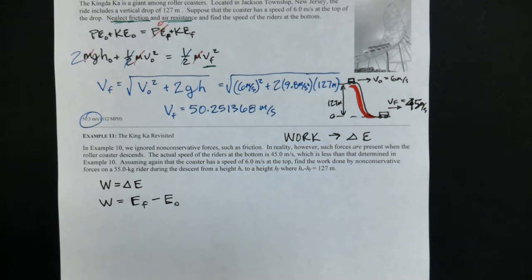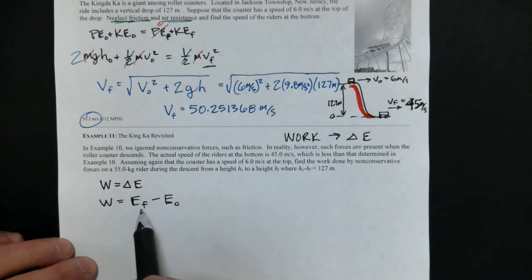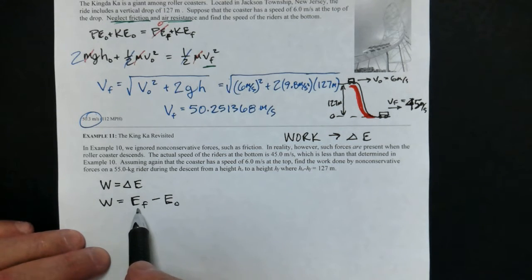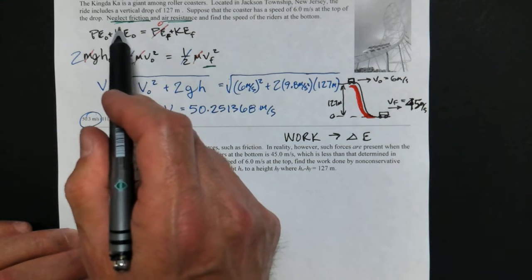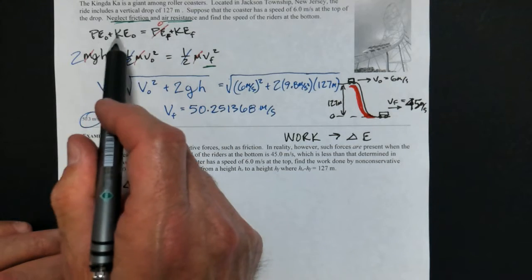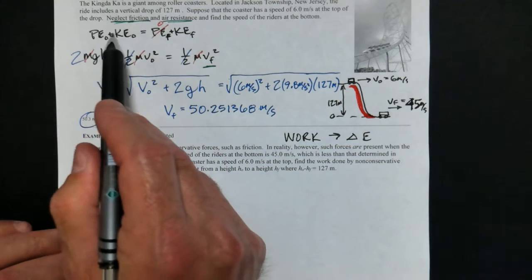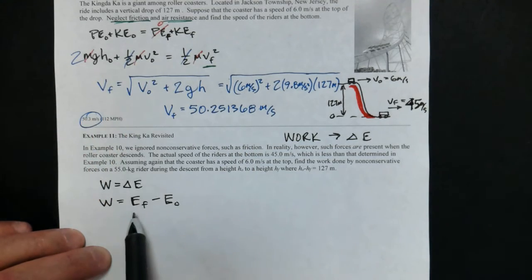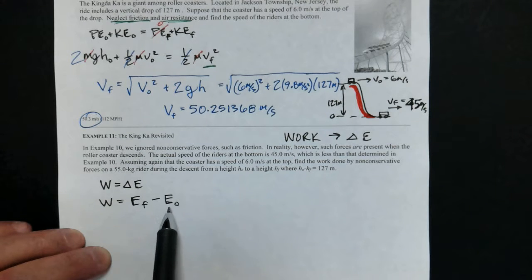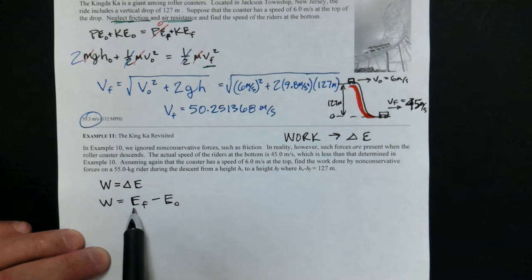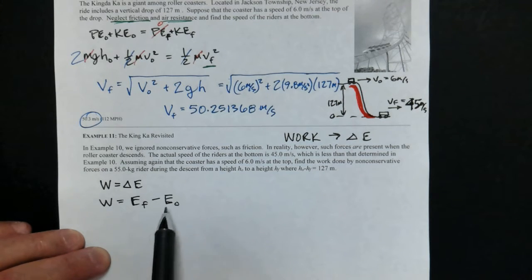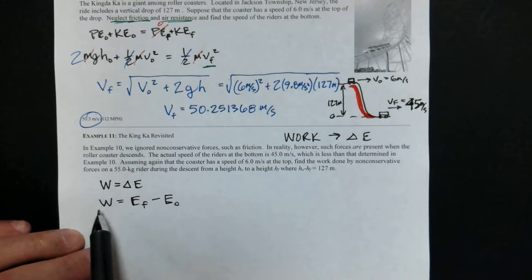Now, it's pretty easy to see that if the final energy and the initial energy are the same, as in the case when there's no friction and no air resistance, if final minus initial is the same, then we're going to have zero work. So in other words, if this is 100 joules and this is 100 joules, 100 minus 100 is 0.